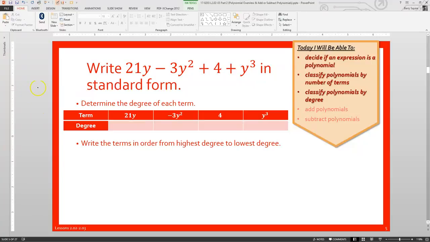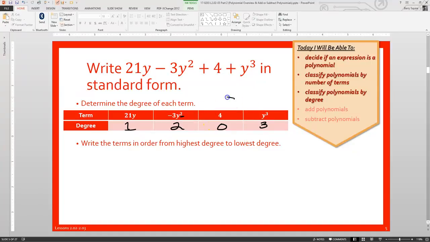First, the 21y happens to be a 1st degree monomial because the exponent on that y is 1. The next term is a 2nd degree monomial because of the exponent. The 4 is a 0 degree term, and then the y cubed is 3rd degree.